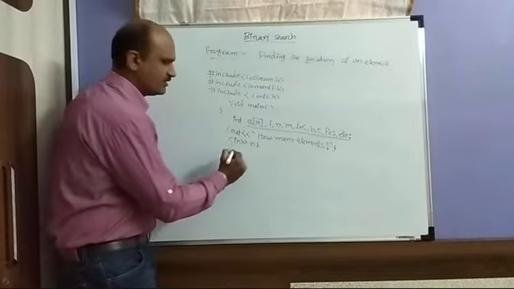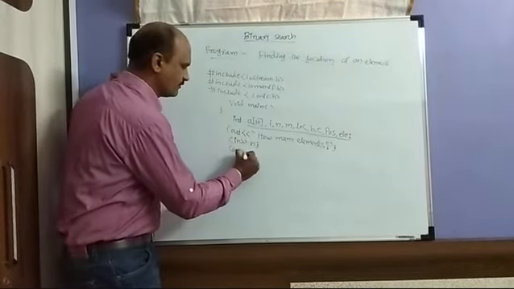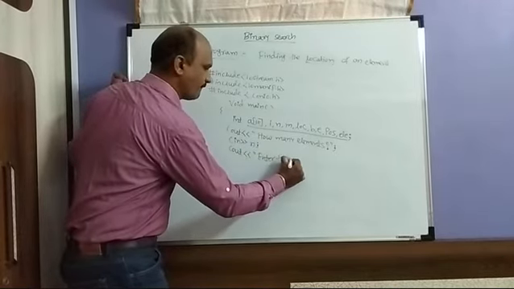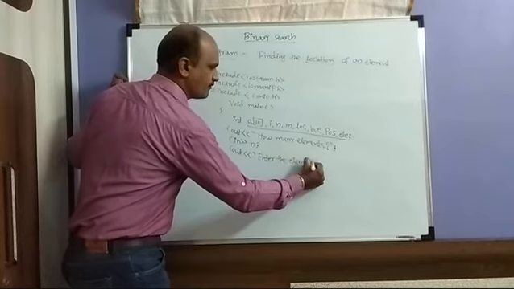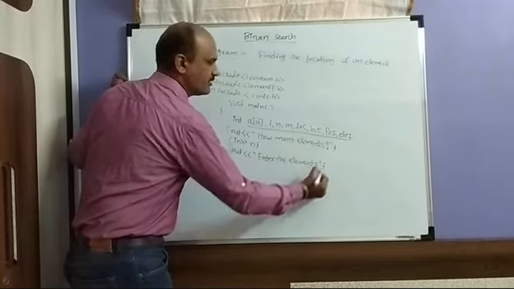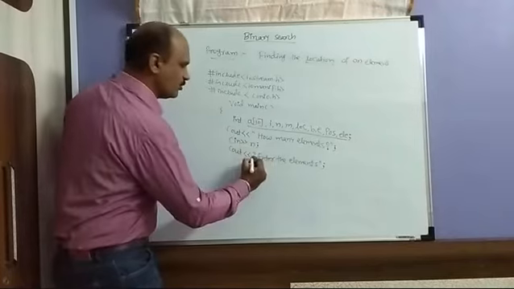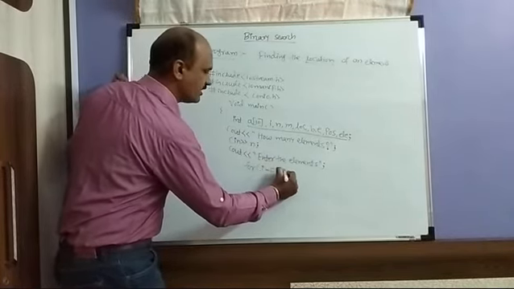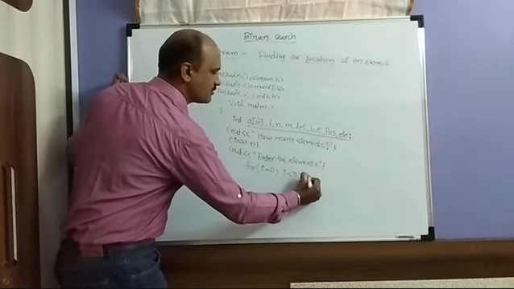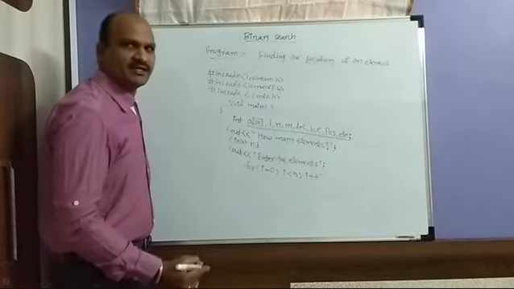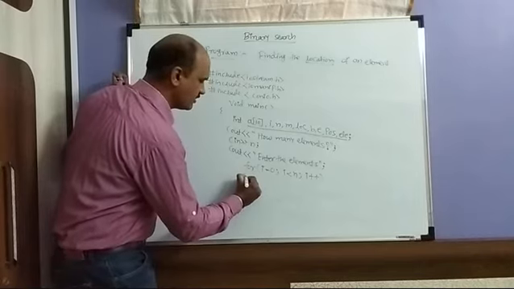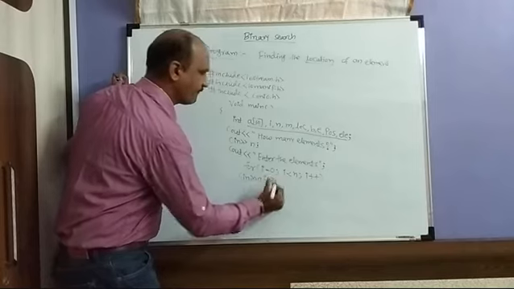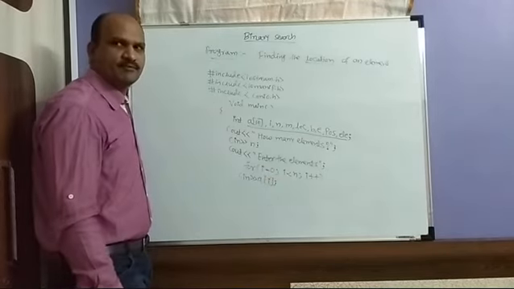So then again cout, enter the elements. When entering the elements, you should use the looping statement, that is for loop. For i is equal to 0, i less than n, then i plus plus, all the elements should be read. Okay, then cin a of i.